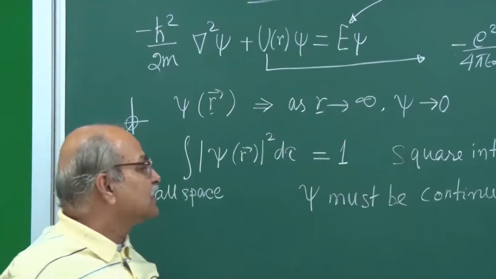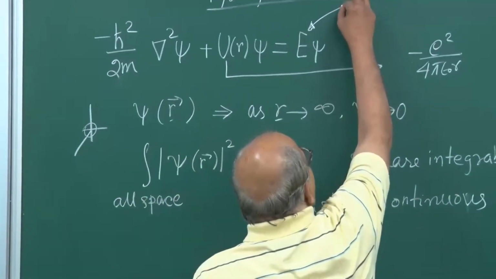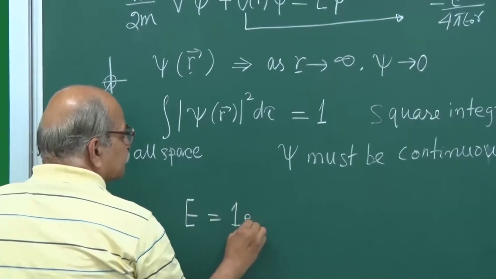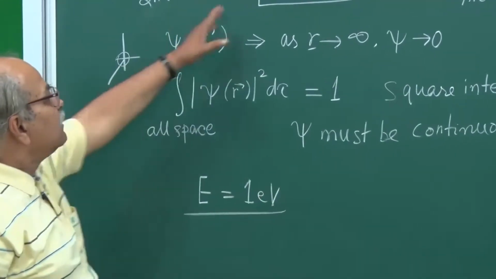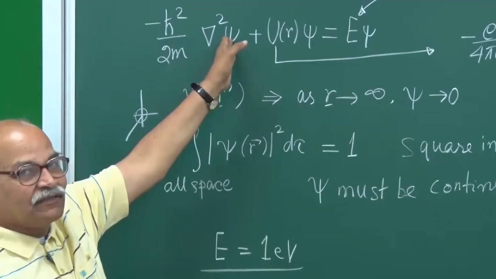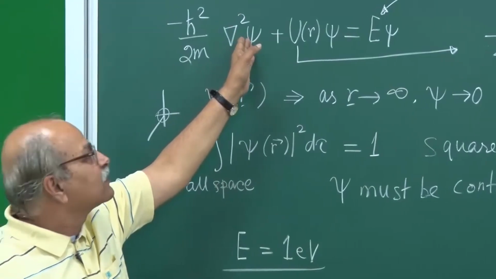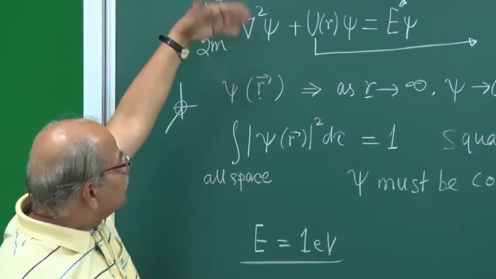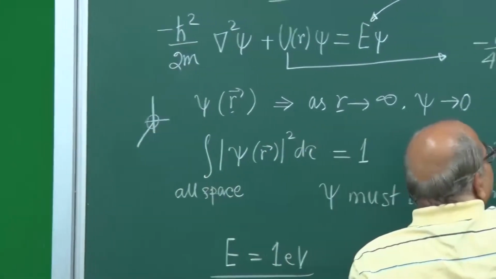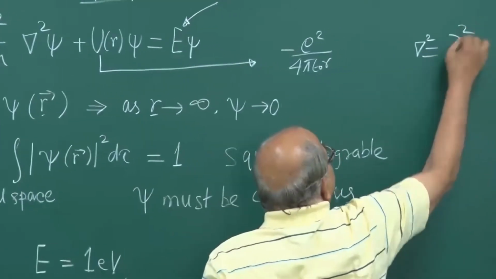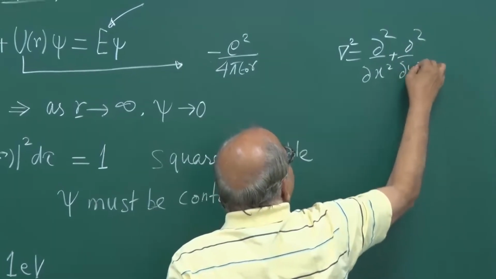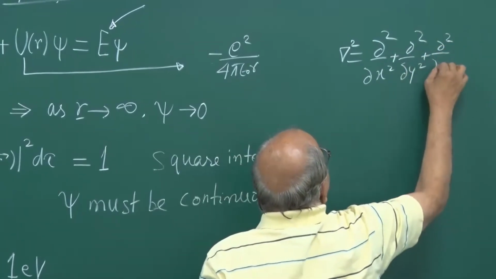So suppose this is the equation, and suppose for this capital E, I write 1 electron volt, and okay, the equation is still there, and I ask: tell me what functional form of psi I should put here, so that when I do all that second differentiation with respect to x, y, z, etc. Remember that this del square is del 2 by del x square plus del 2 by del y square plus del 2 by del z square.